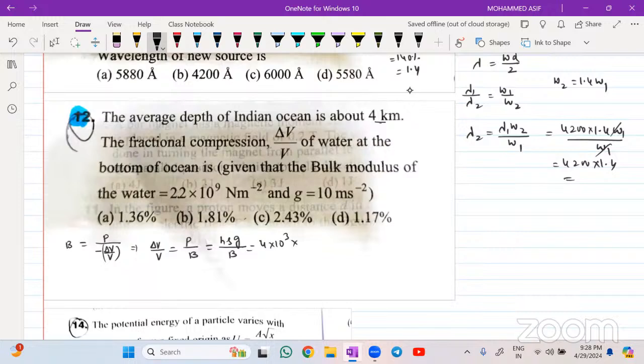And what density of water will you take? In the SI system it is 10 to the power of 3, and into g value, which is 10, divided by bulk modulus. Bulk modulus is 2.2 into 10 to the power of 9. The density of water in the SI system is 10 to the power of 3. Height is given as 4 kilometers. The 11th one is coming, the 11th one is same, A.